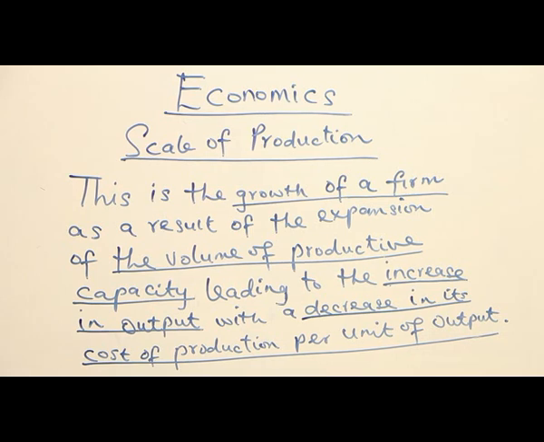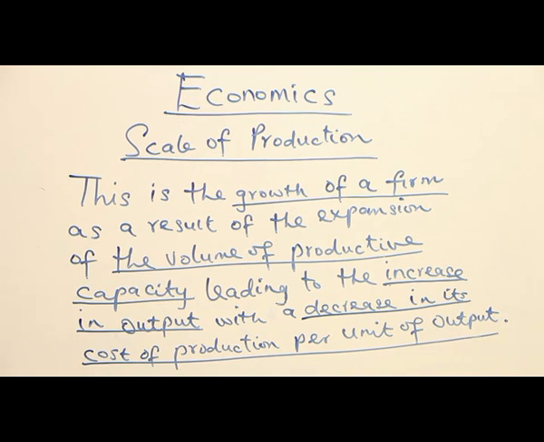Now, we are trying to look at the growth of a firm. And when we are trying to look at the growth of a firm, we look at the productive capacity of the firm in relation to the output that the firm is able to bring out, as well as the cost per unit of what the firm is bringing out. So for us to say a firm is growing, the firm needs to ensure that there is an increase in productive capacity.